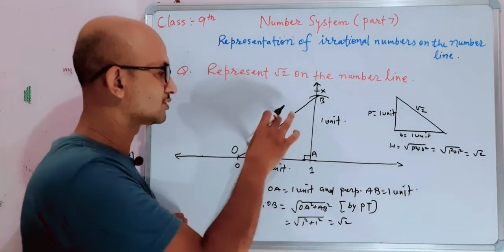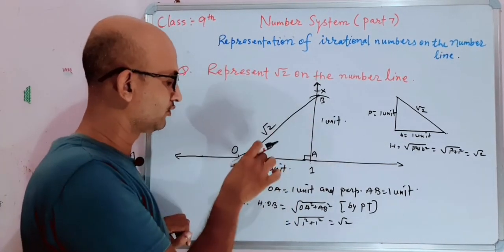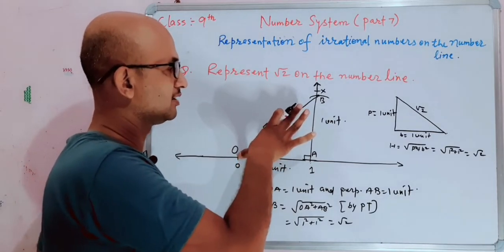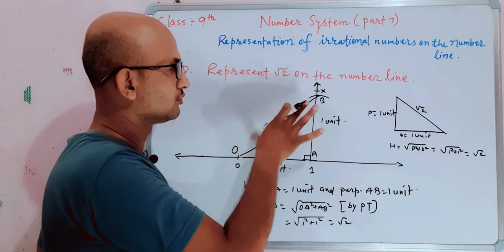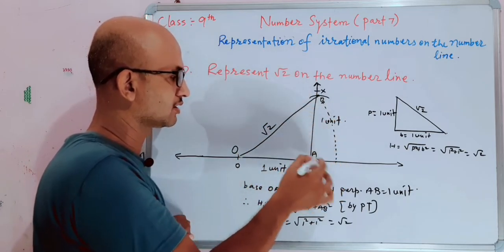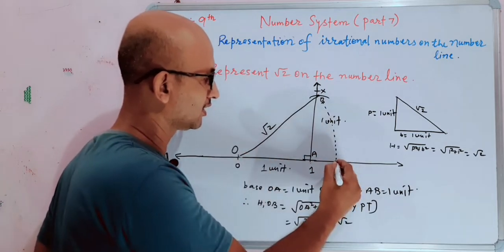Now to bring this root 2 on the number line, we take O as center and OB as radius and draw an arc. This arc cuts the number line at a point.